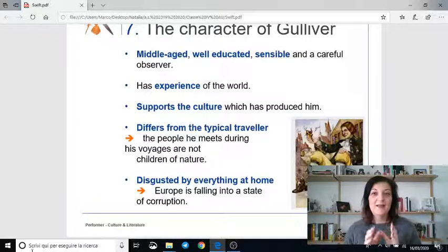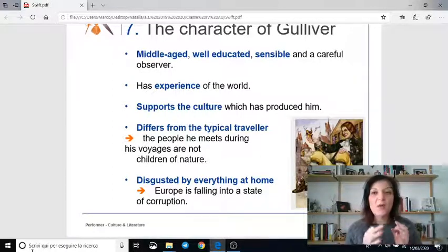Why is the fact of being a careful observer fundamental? Because he describes very often in detail what he sees around him.